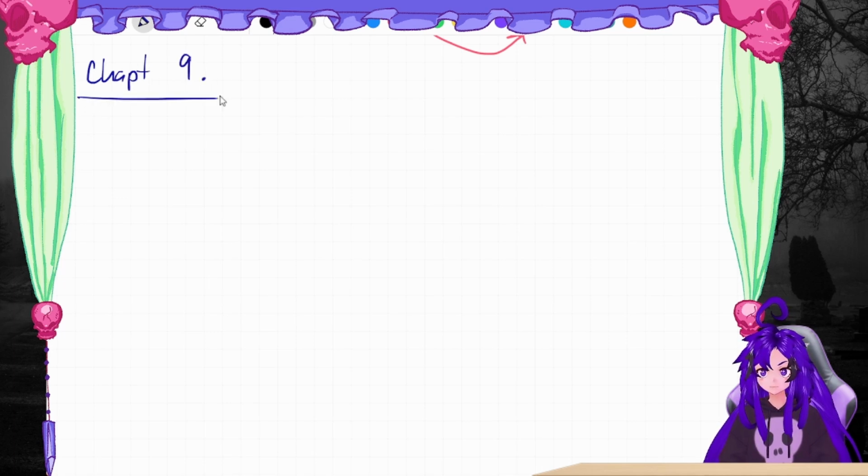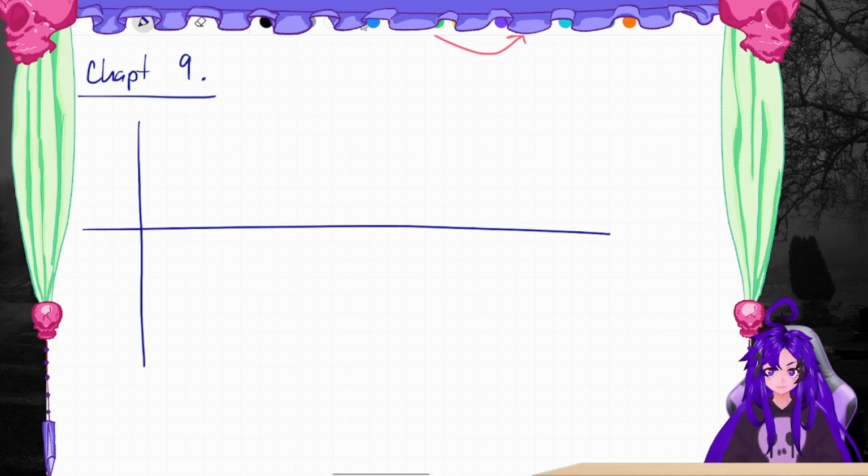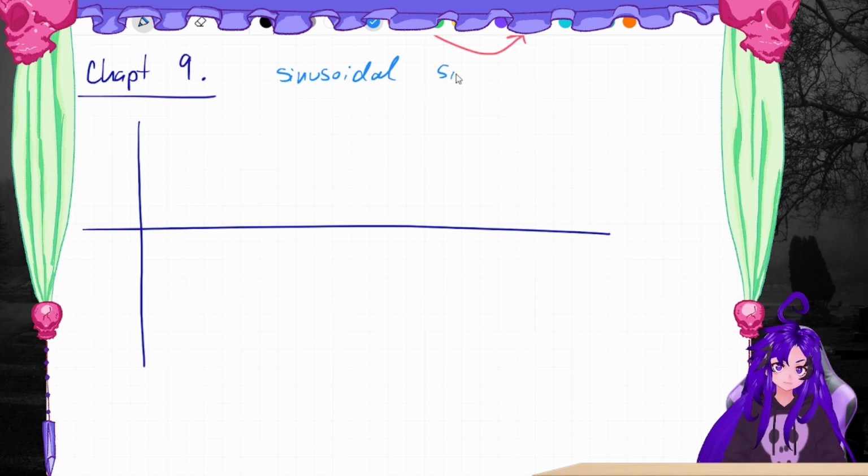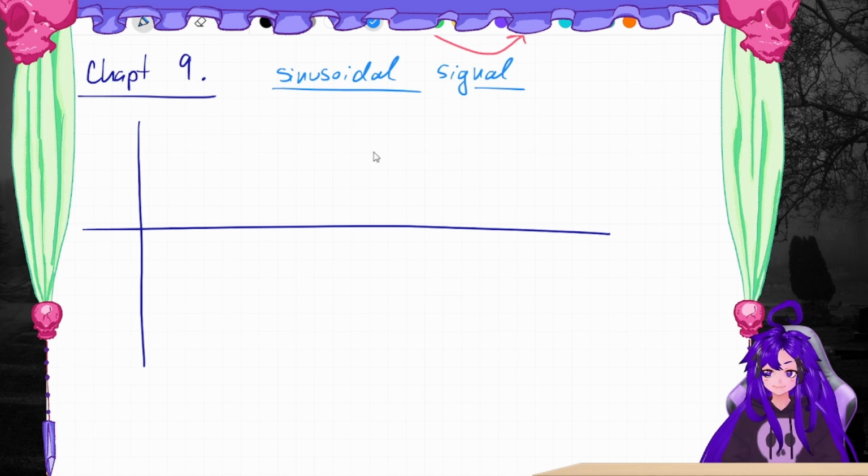I'm going to be kind of loose with what chapter I'm working on, because they do blend into each other. But we're going to start with chapter 9 because it's talking about sinusoidal signals. I know that's not what the chapter is called, but that's what it's talking about.